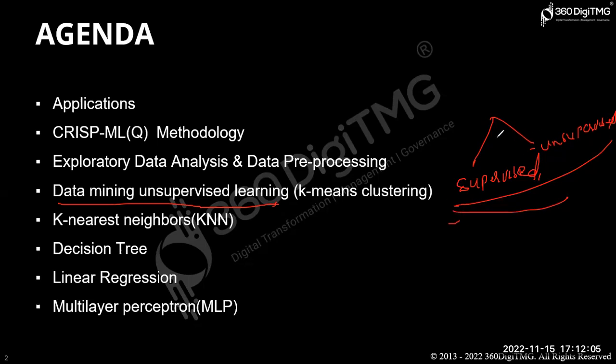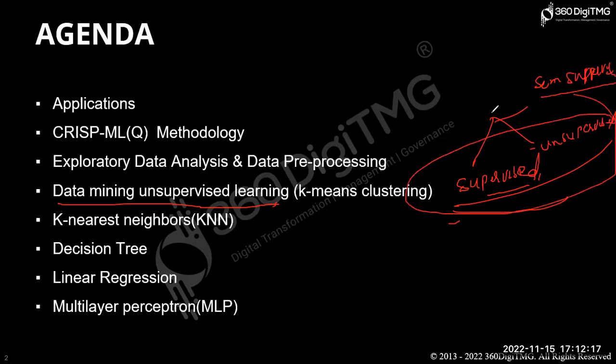We have other types of algorithms as well, like semi-supervised, but mostly we are considering just two. One is supervised and one is unsupervised. So we will be discussing only those two.